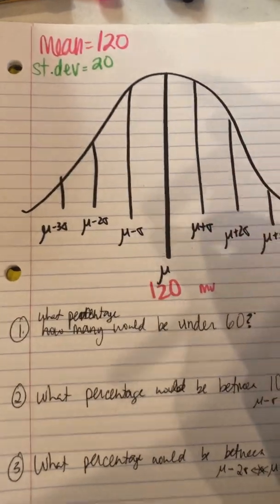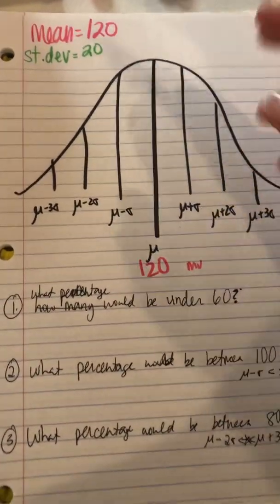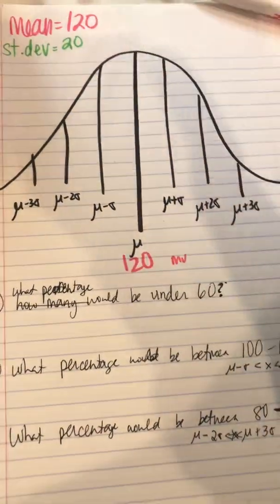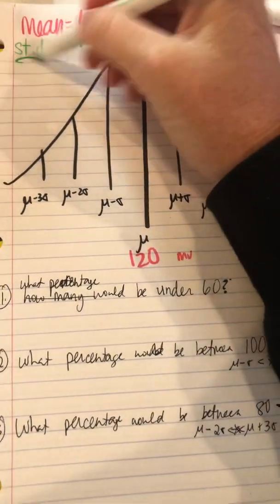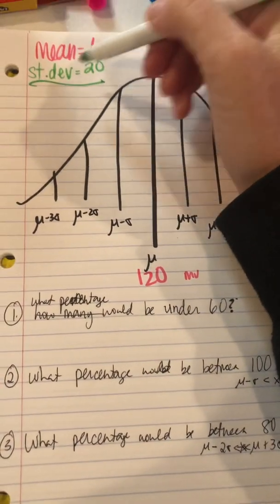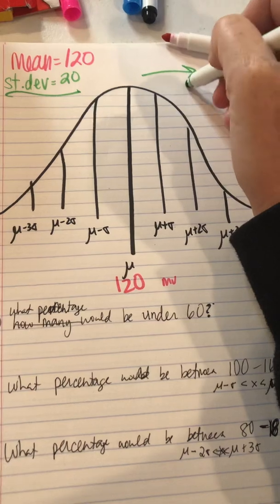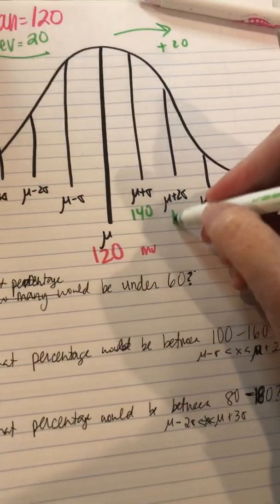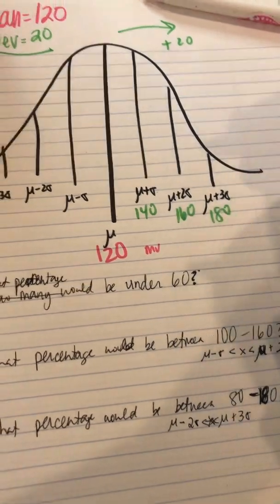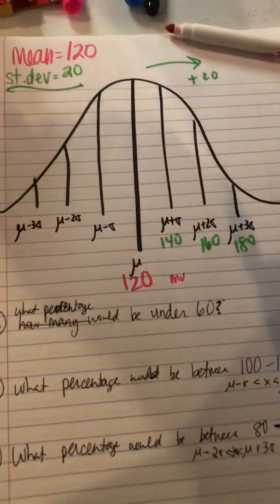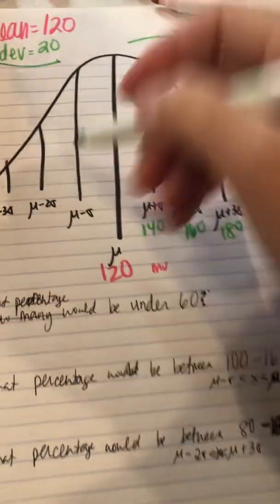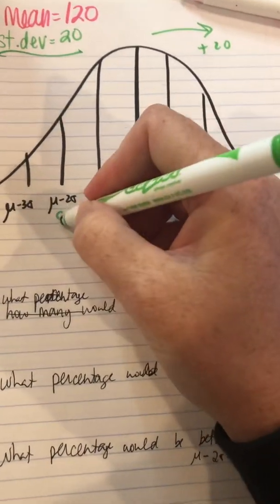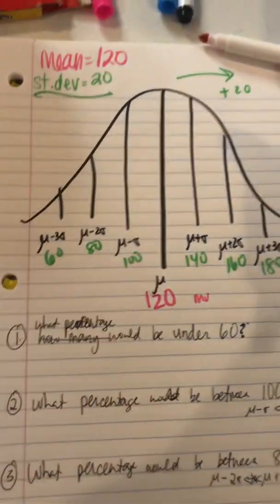All of trig is Greek, but anyways, that's where that goes. And then the standard deviation right here, that's what's being added. So when we go to the right, we're going to add 20. So 120 plus 20 is 140, 160, 180. And then when I go to the left, I'm going to subtract. So this would be 100, 80, 60.